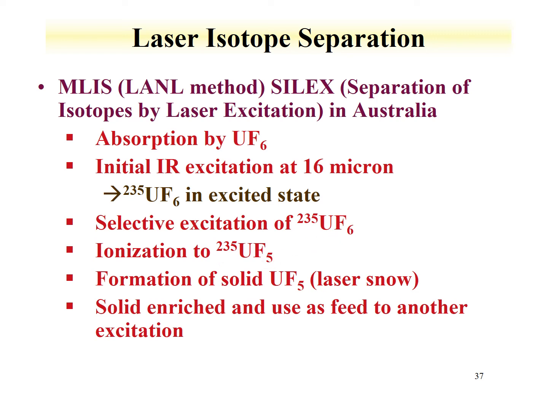The uranium pentafluoride is not a gas phase molecule. It precipitates out as a white solid. This white solid can be collected. It's preferentially enriched in uranium-235. It can be converted back into the hexafluoride and fed into another excitation system. Again, a process that needs cascades for the overall enrichment.